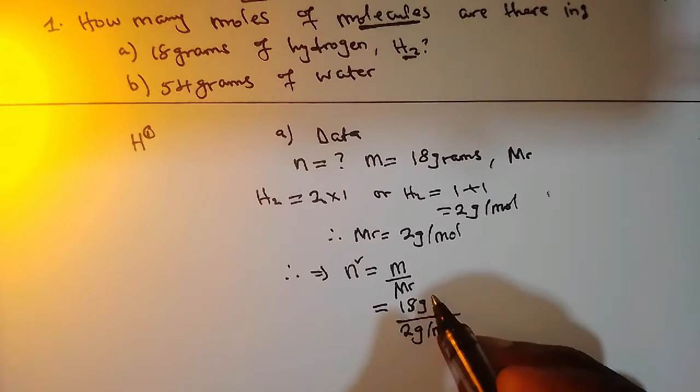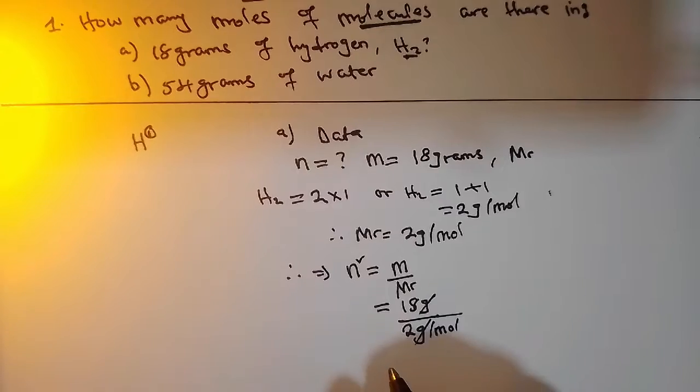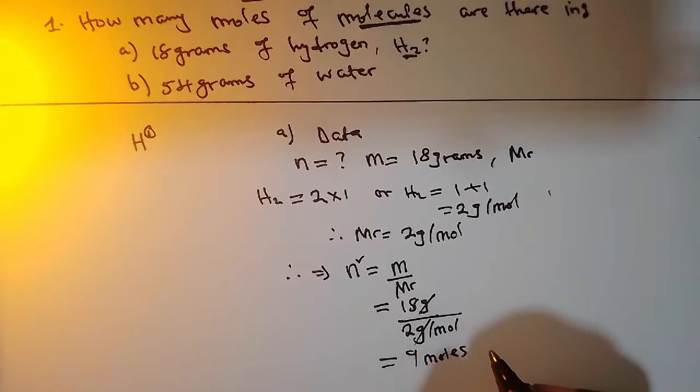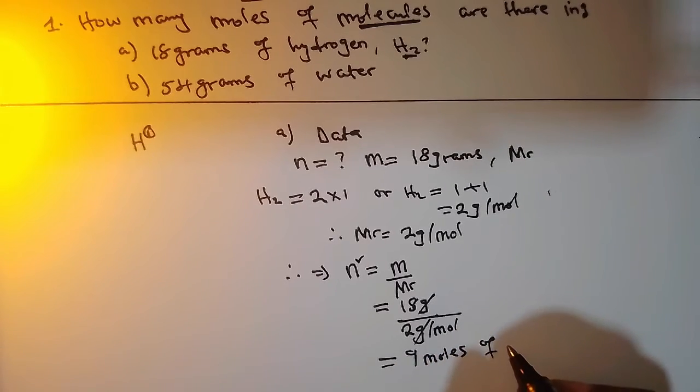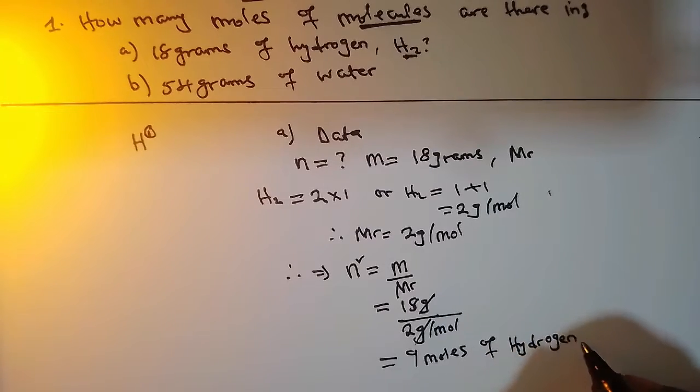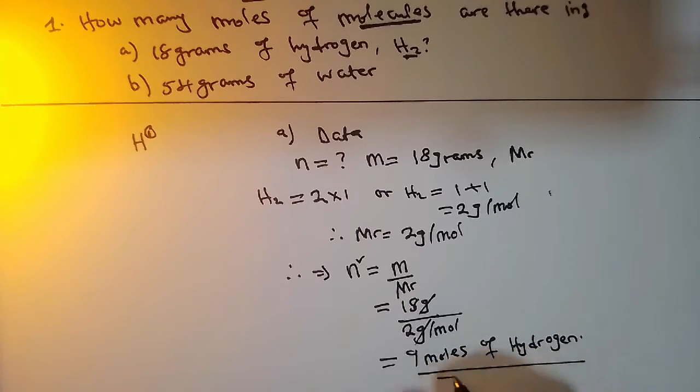The grams cancel, and we are going to have 9 moles of hydrogen. So that is your answer on A. I hope you got it correct.